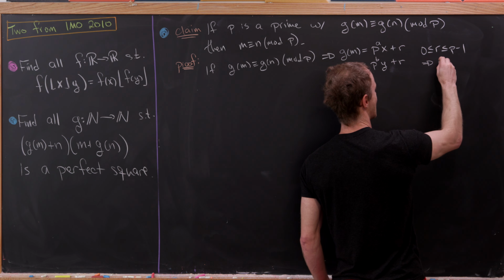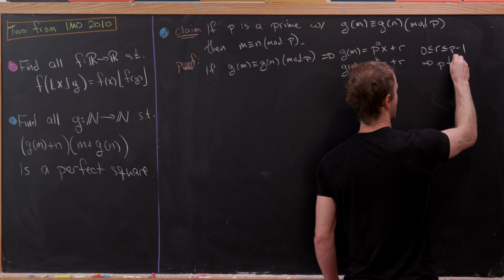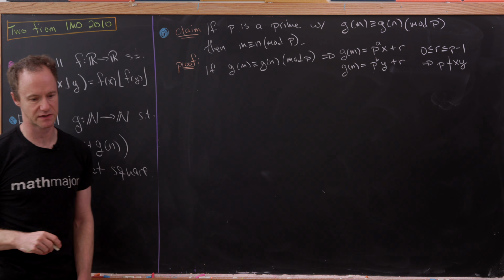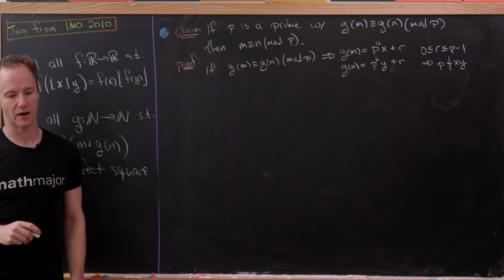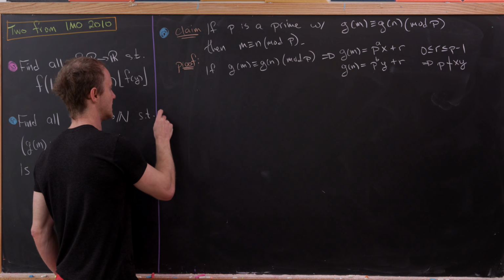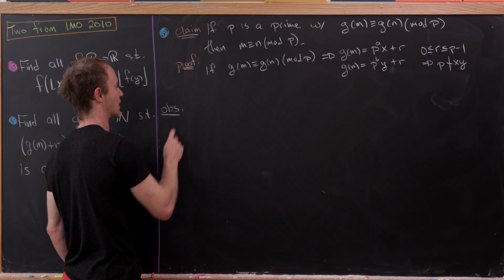But what does that mean? That means that p does not divide x or y, so it can't divide the product of x and y. We can conclude it into that one statement right there. Okay, but now let's observe what we get out of that.